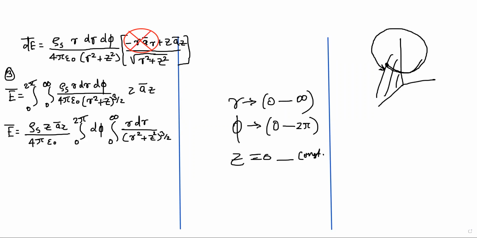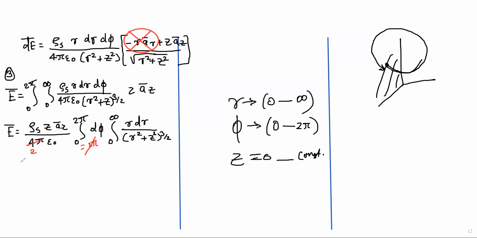Understood? I have only split and rearranged the values. Now what will be the value of the integration 0 to 2 pi d phi? 2 pi. Correct. Its value would be 2 pi. So 2 pi, this 4 pi, you will get 2 here.